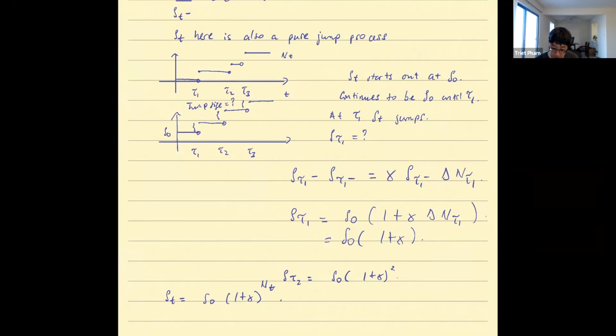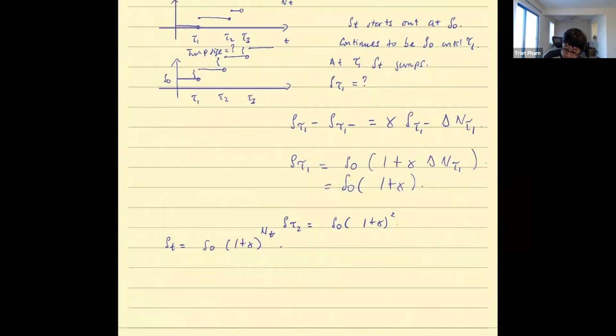Take a look. Before this, N_T is 0, so there's no jump. That's just S0. After that, you are really just counting how many jumps N_T has made so far. That's why, if you have taken any courses in stochastic processes before, N_T is also called a counting process.